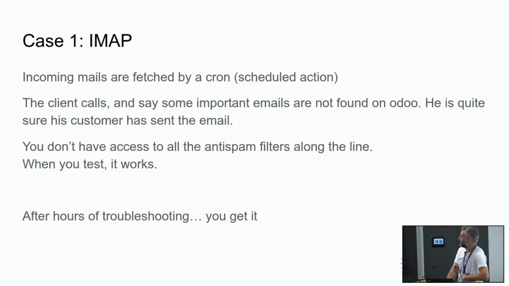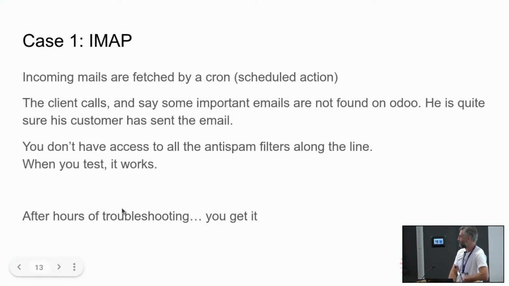And of course, you don't have access to all the systems along the line, so you don't know if the first one really sent his email, if it's not in its outbox, if it's stuck somewhere on the line, caught in an anti-spam. And when you test, it works. And that's the main point: when you verify, you can't be sure.